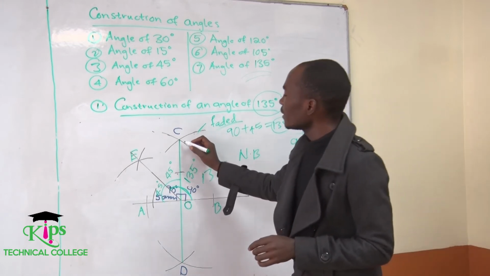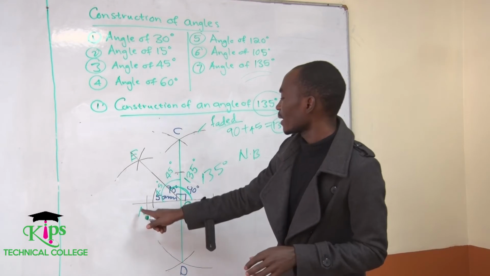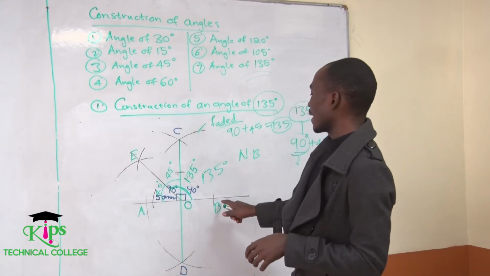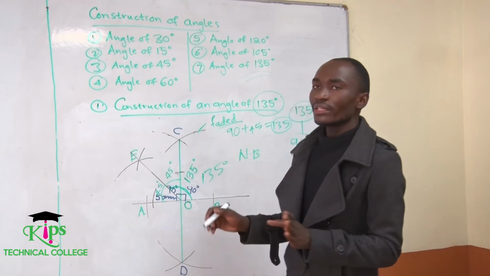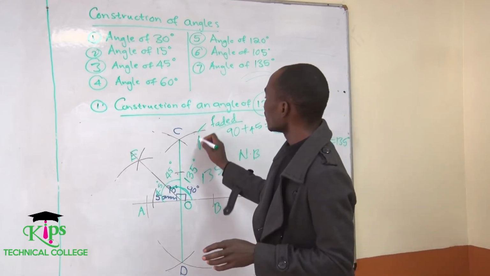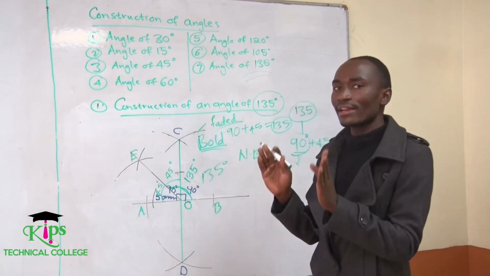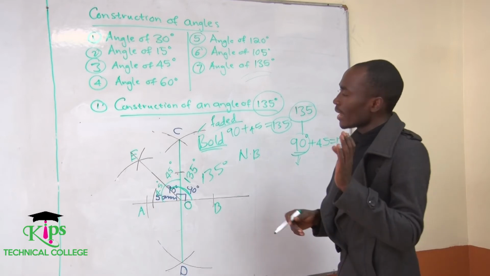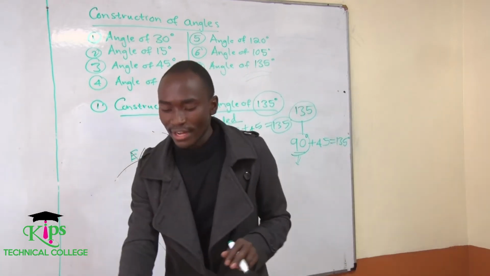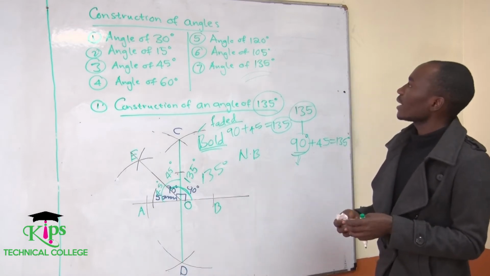These main lines, which is line C up to line D, line A up to line B, then line E and O, they should be in bold. They should be very visible. So that is how we get to construct an angle of 135 degrees. So let's get to construct another angle.